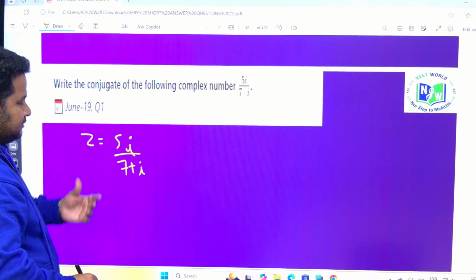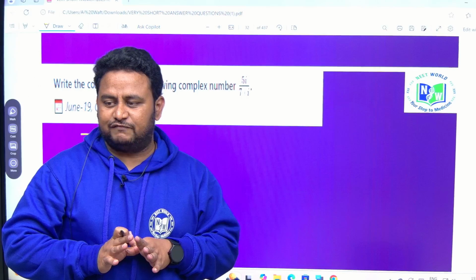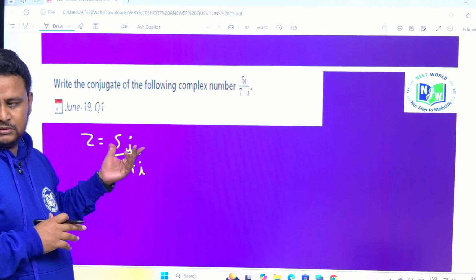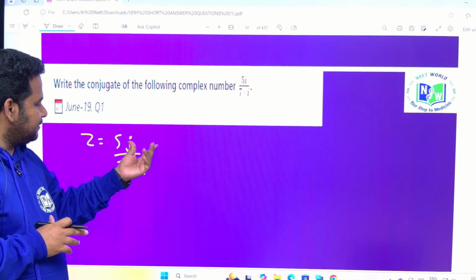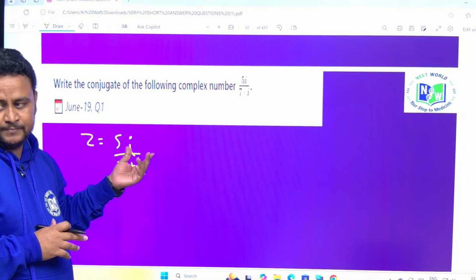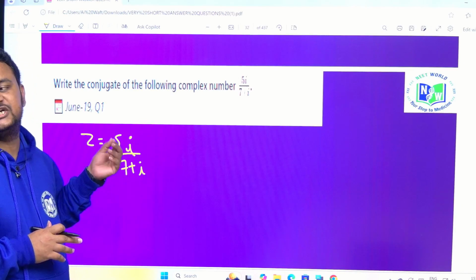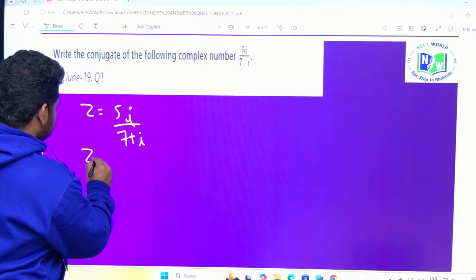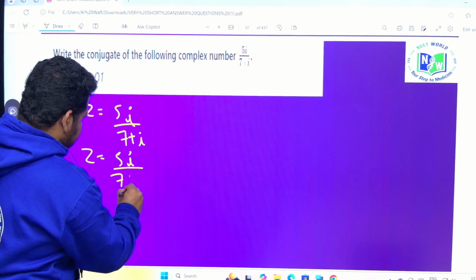Always remember, friends, when we talk about complex numbers, you should always bring it to the A plus iB form. But is it in A plus iB form? No. To bring it to A plus iB form, Z is equal to 5i divided by 7 plus i.